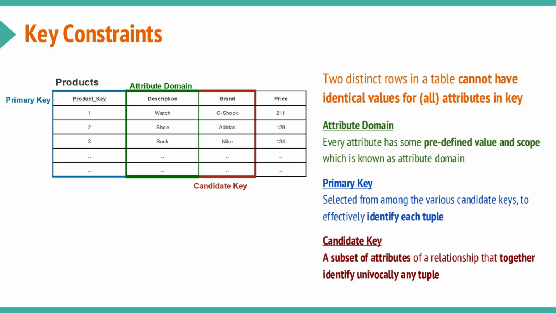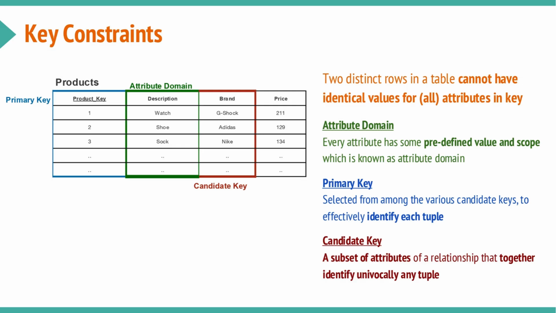This is one of the most important concepts, key constraints. Keys are used to find one specific row in a table. Every attribute has some predefined value and scope, which is known as attribute domain. A candidate key is an attribute, or a set of attributes, that can uniquely identify one row.